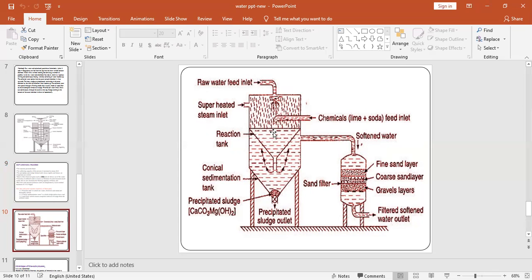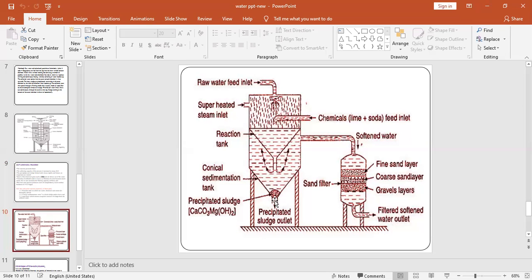Then these are passed through the conical sedimentation tank, where precipitation of soluble calcium and magnesium salts takes place, and the insoluble precipitates settle at the bottom of the tank.